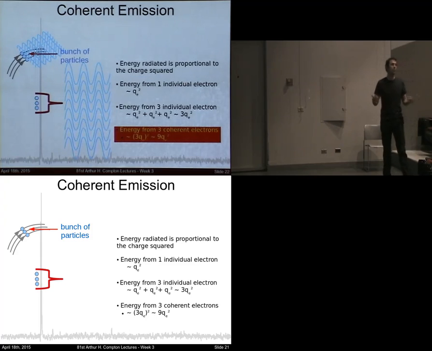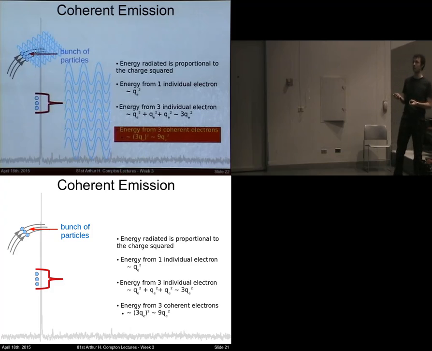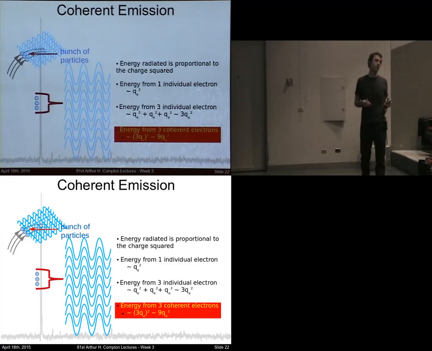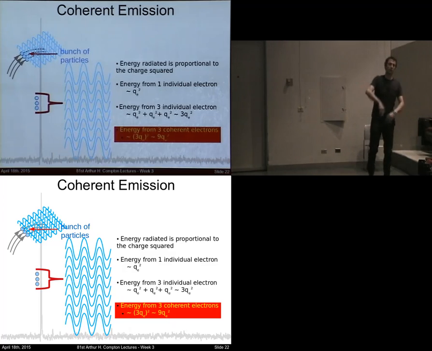And so coherent emission is brighter. If you're able to get your particles to radiate coherently, you end up getting more radiation out. Your radiation process is more efficient. And so this is what's happening to the radio emission from pulsars. The radio emission from pulsars is coherent. Now I know I'm just sort of talking abstractly now, and hopefully this will get tied in later to the diagrams I'm going to show.